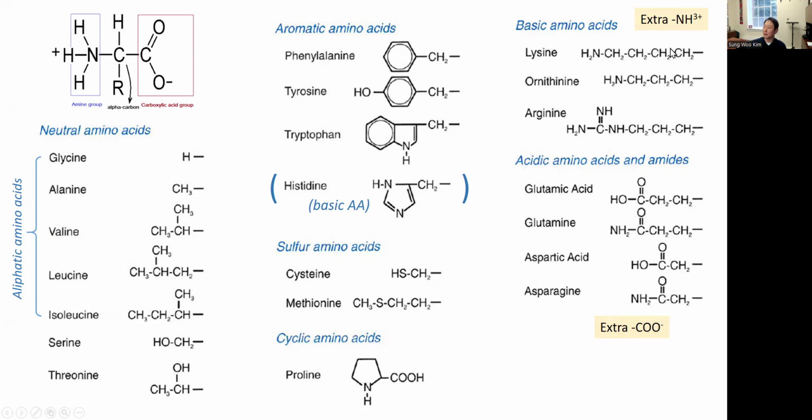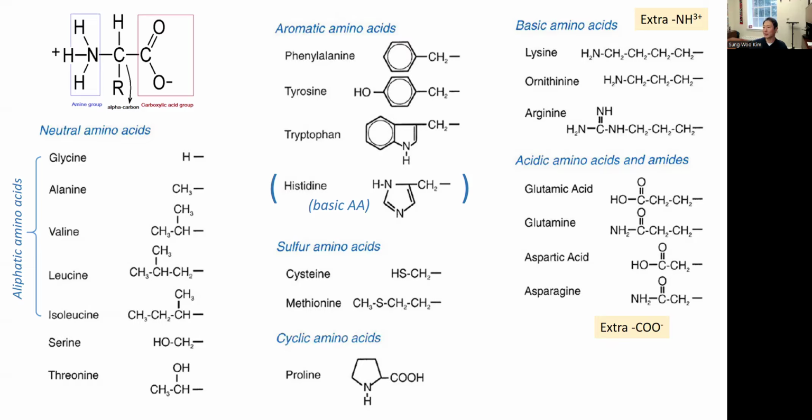Now, here, let me move this box here a little bit. Okay. Now, you can see there are 3 amino acids, okay? Actually 4, including histidine, which has a basic structure, characteristics, or alkaline property.